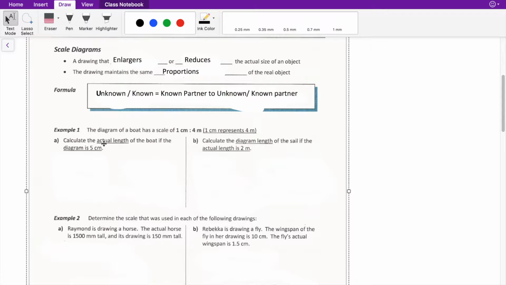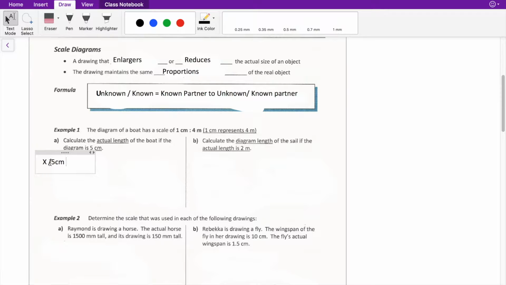I want to calculate the actual length of a boat if the diagram says it's 5 centimeters. I'm going to set up my unknown. Let's make x my unknown. That's what I'm trying to figure out. Its partner on the diagram is 5 centimeters. So it's x over 5.